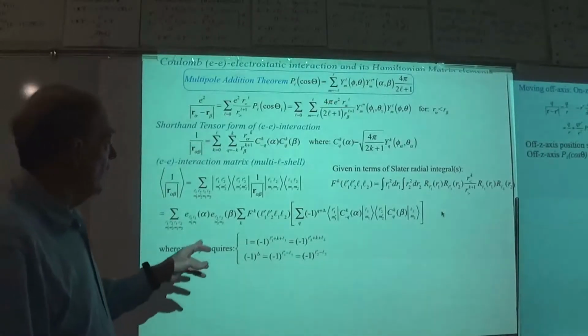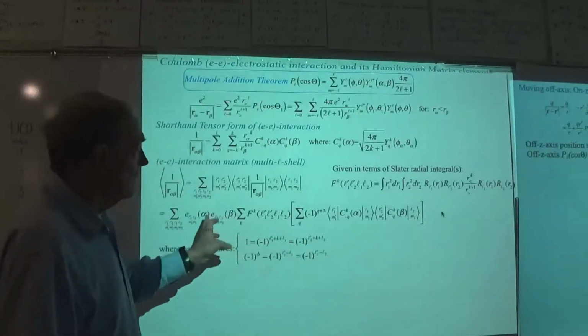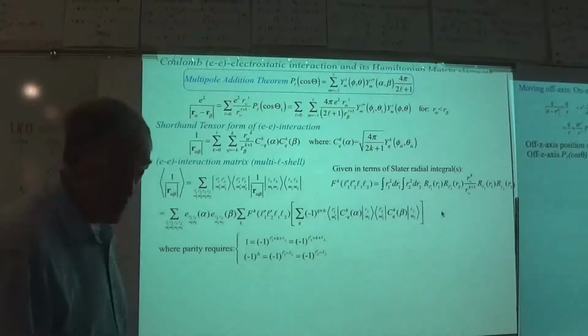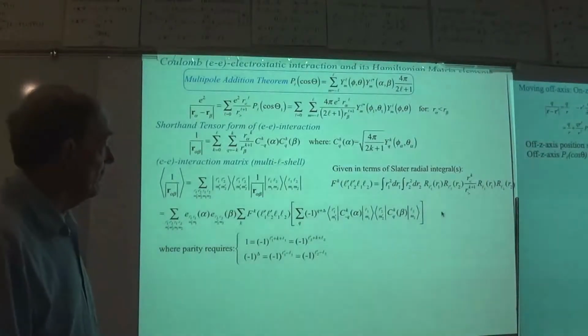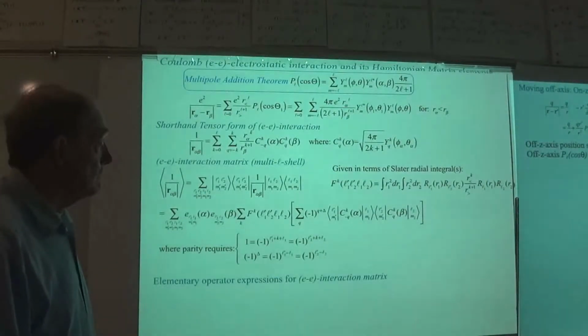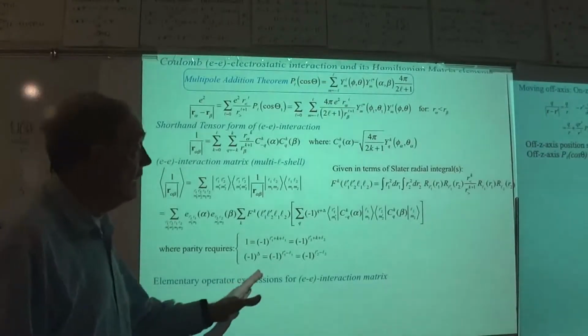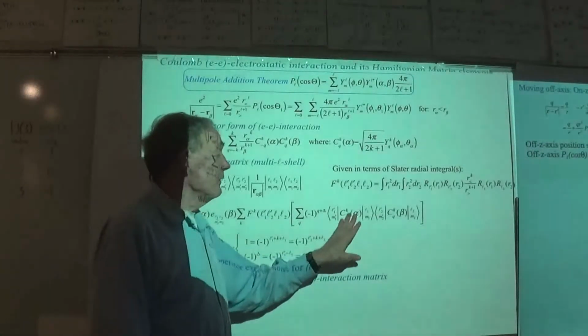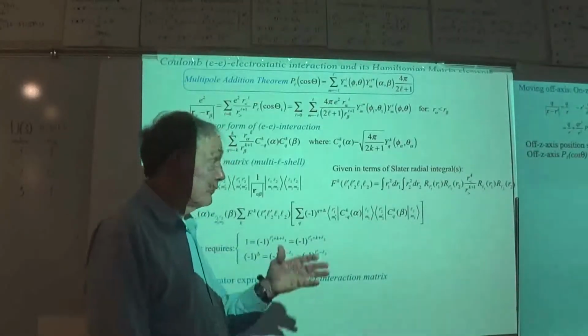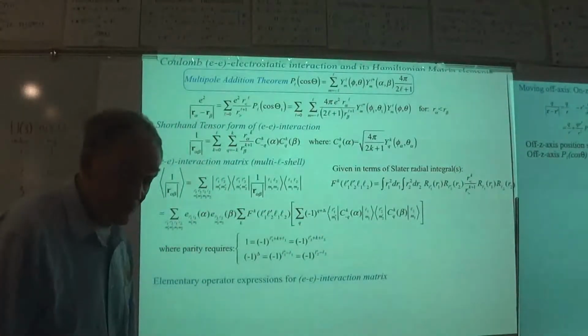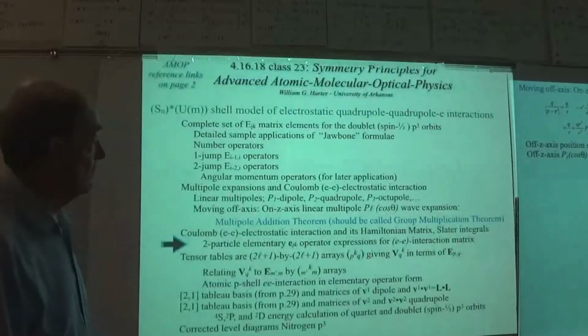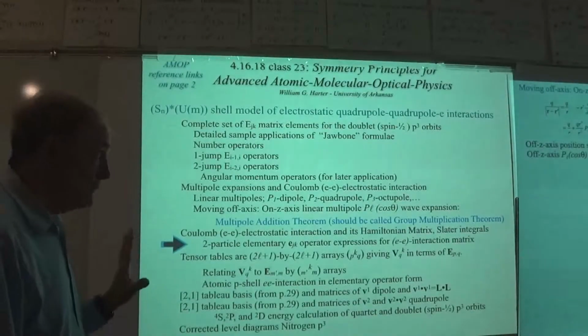And there are all sorts of parity things going on here that allow you to cut down on some of the extra phases and things that you have. But this is what we're dealing with, and this is what we have to handle. So we have to use these things to give us, through our tensor matrices, the actual Hamiltonian for this problem we're doing here, up to a factor.